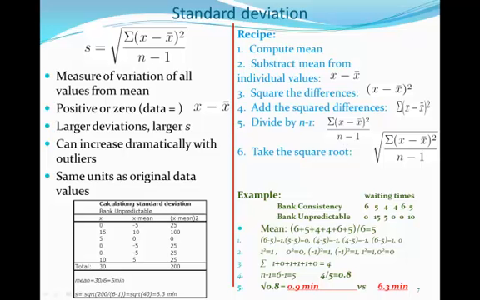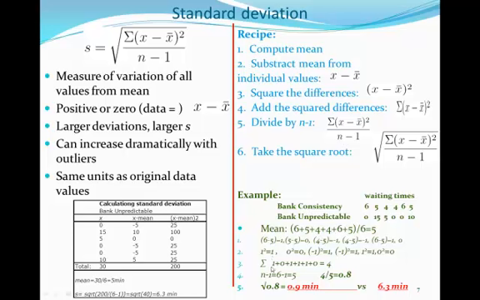And if we follow the recipe, right? Let's take the bank consistency data as an example. We find the mean. The mean equals 6 plus 5 plus 4 plus 4 plus 6 plus 5 divided by 6, which equals 5. And then we subtract the mean from each data value. We get 1, 0, -1, -1, 1, 0. And we square each difference. We get 1, 0, 1, 1, 1, 0.